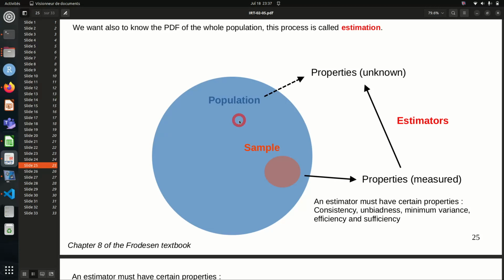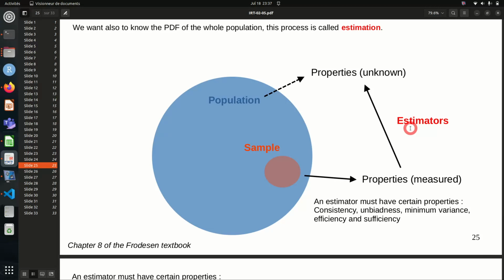We cannot access it, but we need to estimate that. And I wrote that in red because it's a real technical word: estimation. And to go from here to here, we need estimators. So the properties of the sample are measured, while the properties of the population, which are unknown, must be estimated.